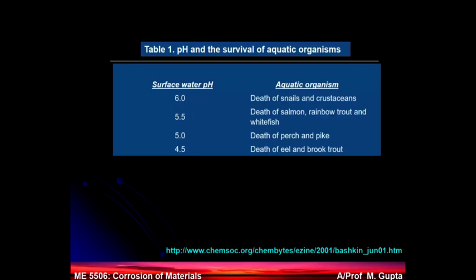And if that happens, that is very dangerous. Because if the surface pH is 6, you can see the death of snails and crustaceans. At 5.5, the bigger and stronger animals, salmon, rainbow trout, and whitefish. If it reaches 5, perch and pike, and at 4.5, eels and brook trout will die. So it has an effect.